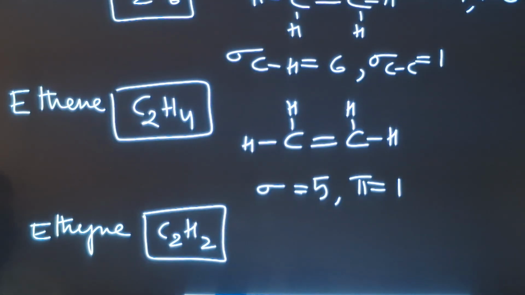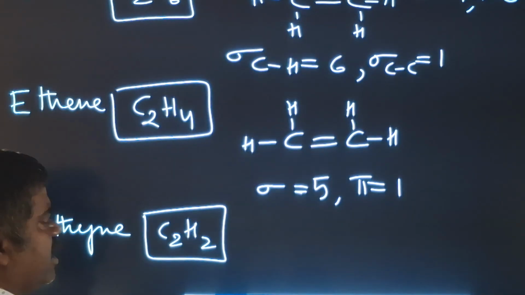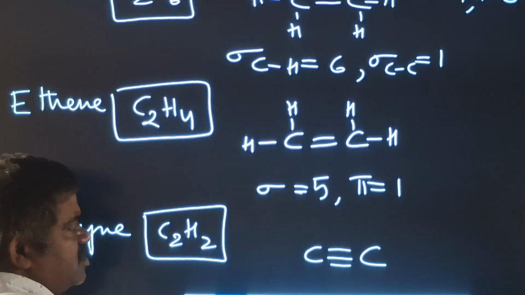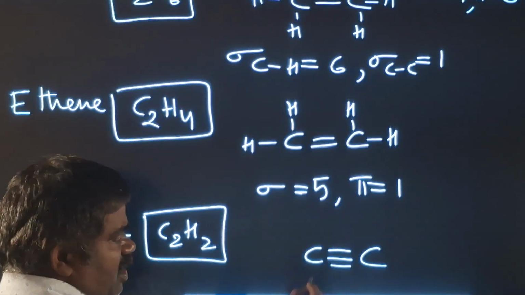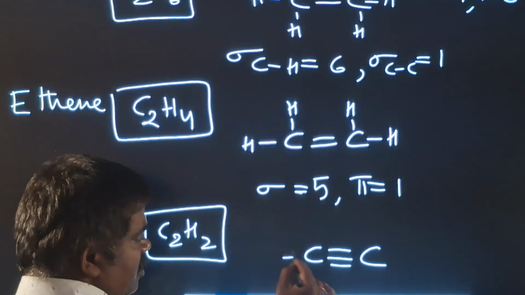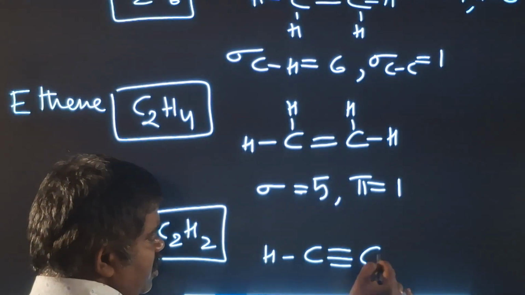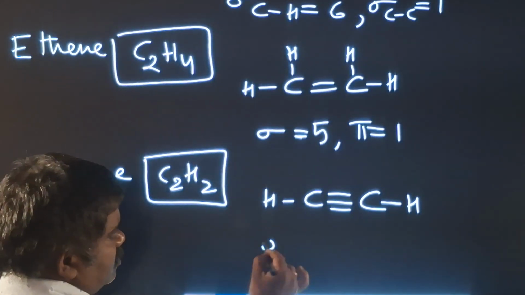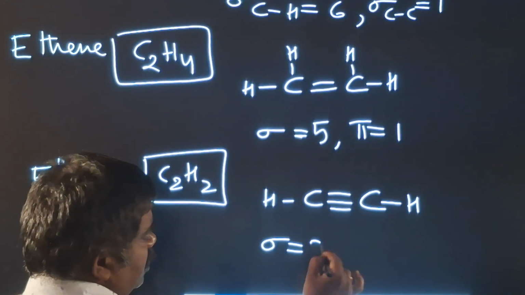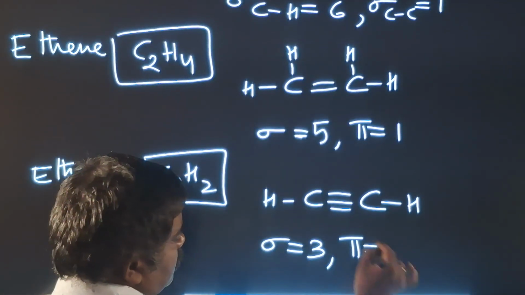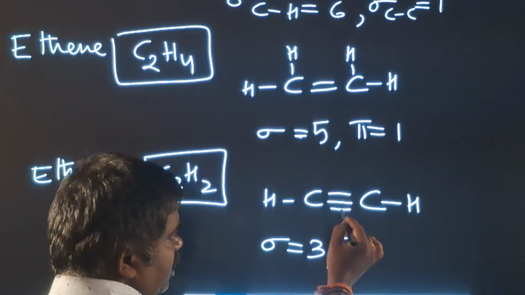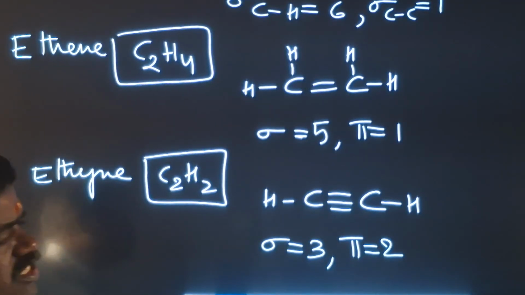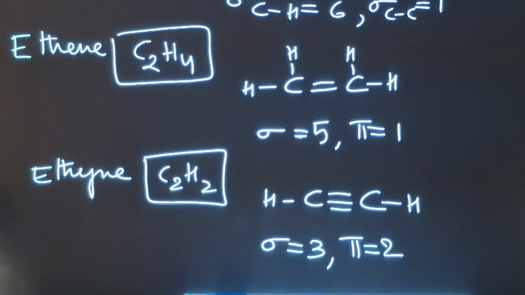Alkyne means C triple bond C. Carbon valency is 4, so 1, 2, 3 bonds are to the other carbon and the fourth bond is to H. Now here the sigma bonds are 1, 2, 3, so 3 sigma bonds, and pi bonds are 2. A triple bond contains 1 sigma and 2 pi. This is about the calculation of sigma and pi bonds present in the compounds.